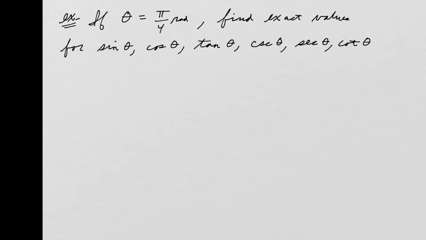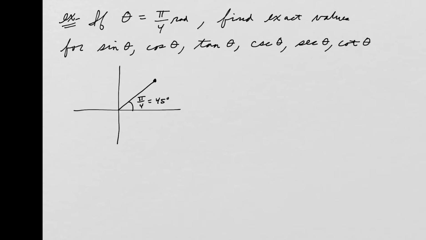So first of all, let's figure out sine and cosine. That we can get just by, we learned that in the previous section, right? So pi over 4 would be in the first quadrant. So the reference angle is the exact angle, right? It's the same because it's in the first quadrant. And remember, if you want that in degrees, this is 45 degrees. Okay.